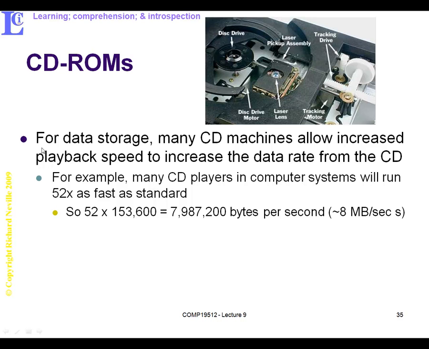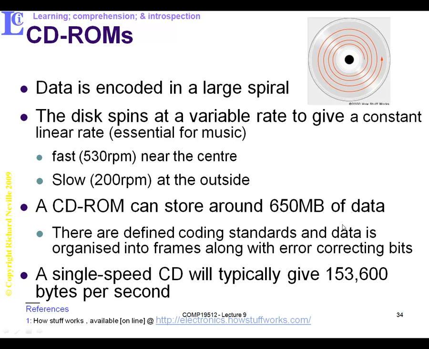So let's have a quick more look at the dimensionality of this. CDs will run sometimes at a faster speed than we've just talked about. They can run up to 52 times faster than a standard spin speed, which we've just seen. So if it's 52 times the data rate we've just seen, let's go and have a look at the data rate. The data rate we've just seen was 153,600 bytes a second.